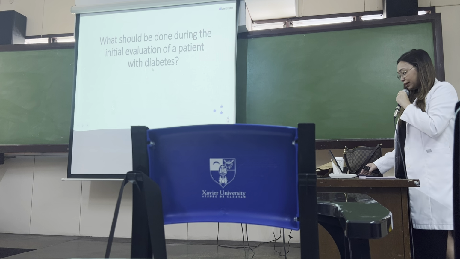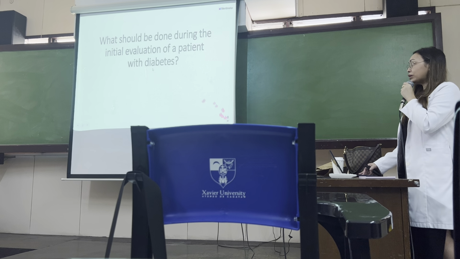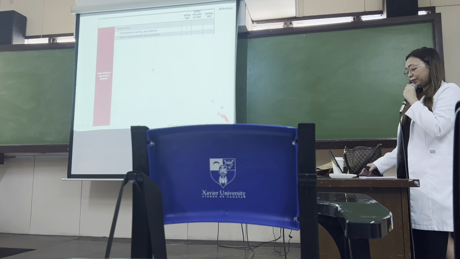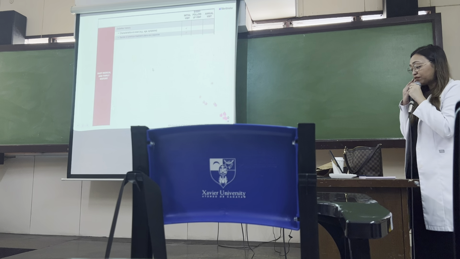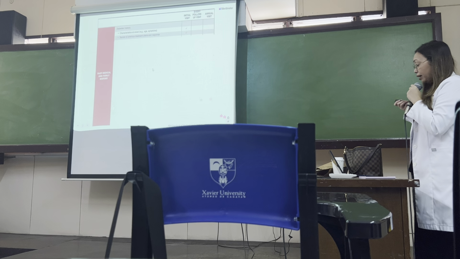Now let's say for example we already have a patient with confirmed diabetes mellitus. What should be done during the initial evaluation of these patients? Of course, we have to review the past medical and family history. Okay.